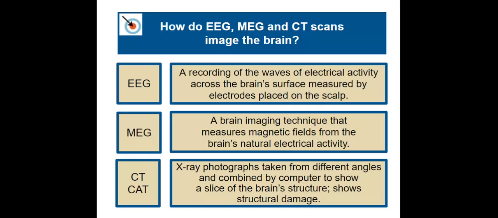CT scan, computed tomography. A CT scan is basically an X-ray of the head, and it generates images that may locate TBI, or traumatic brain injury. It can indicate tumors. It can indicate swelling and some other things.